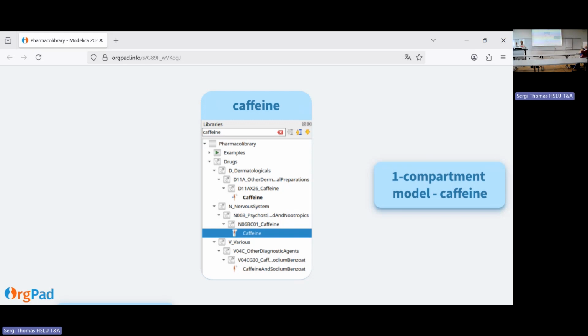Somebody? Yeah. So majority coffee, and the caffeine is registered as the nervous system, but it can also be used in dermatology drugs. I think I've seen some shampoo with caffeine.